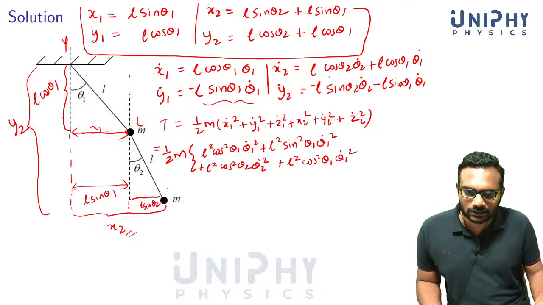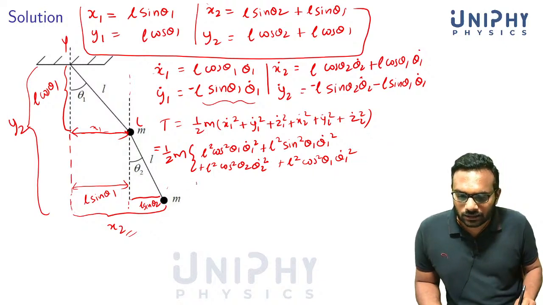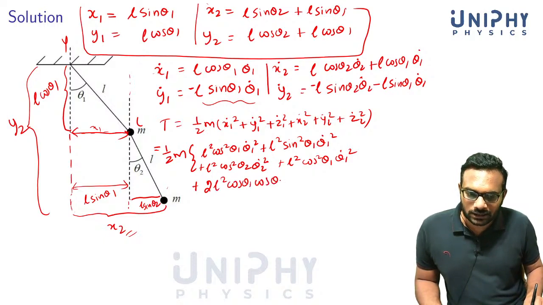You just square these things, all right. A square plus b square, there's also a plus 2ab term, plus 2L square cos theta 1 cos theta 2 theta 1 dot theta 2 dot, all right.